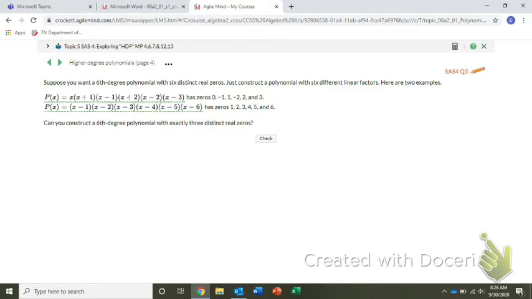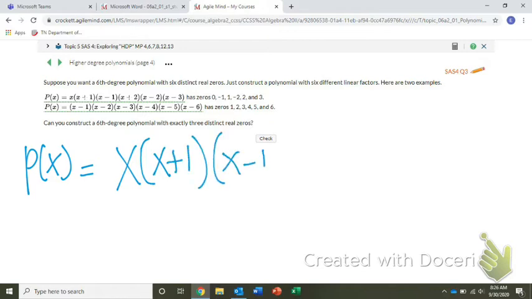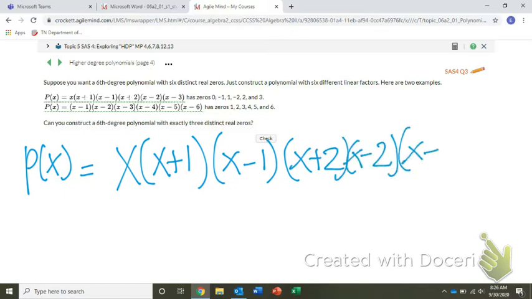When it's talking about the degree, it is talking about the number of x's that you have. So, in this first one, we have x, x plus 1, x minus 1, x plus 2, x minus 2, and x minus 3.